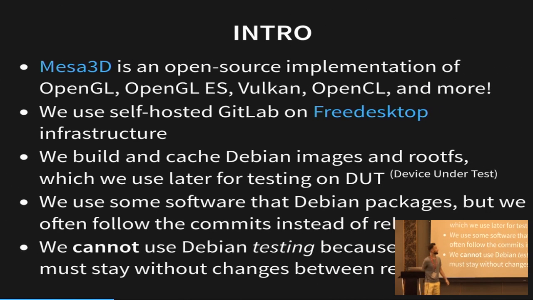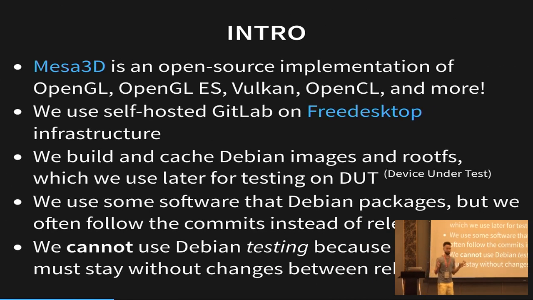So let's start. Just for people who don't know, Mesa 3D is a graphical library, which if you install Debian, you get it with Debian, at least if you install a desktop environment. It provides Vulkan, OpenGL, OpenCL, different standards, and in the Linux world it's the standard.